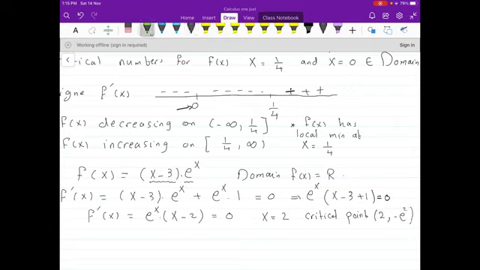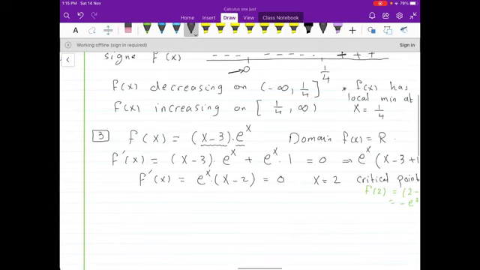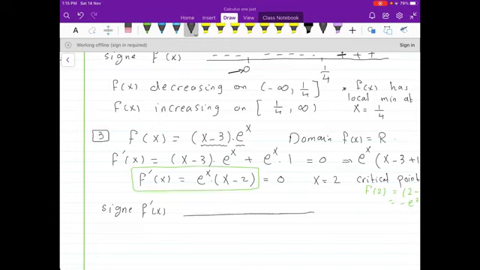How did we get it? f of 2, we substitute 2 minus 3 times e squared. So we get minus 1 times e squared. Now, we want to study the sign for f prime.